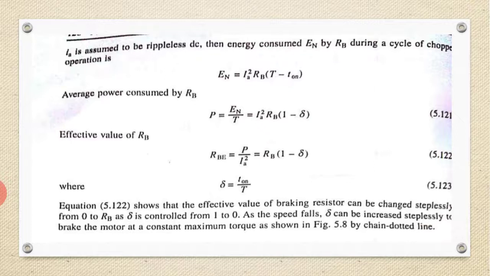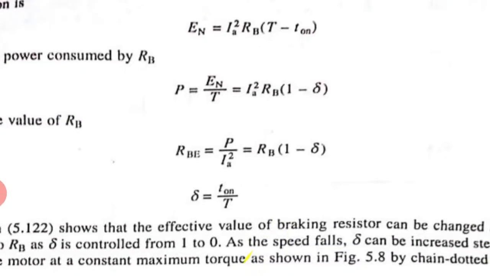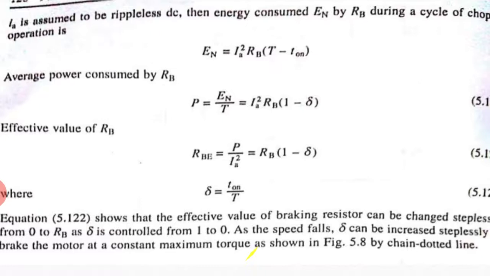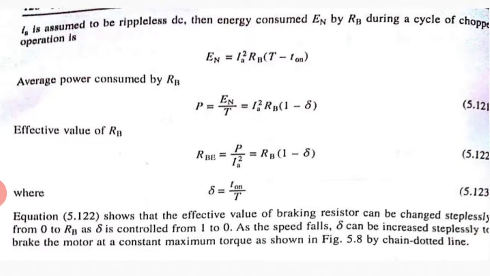The average power consumed by RB is found from this equation, and the effective value of RB can be found from this equation, which gives the factor 1 minus delta. So the total braking resistance can be obtained by varying the duty ratio from 0 to 1. Hence we can vary the resistance RB.